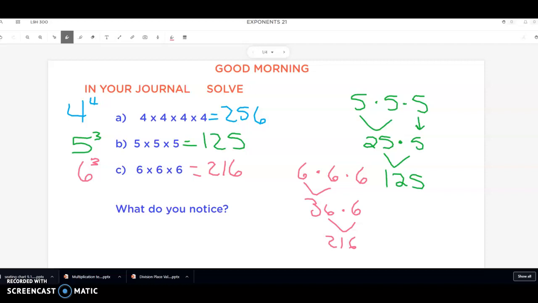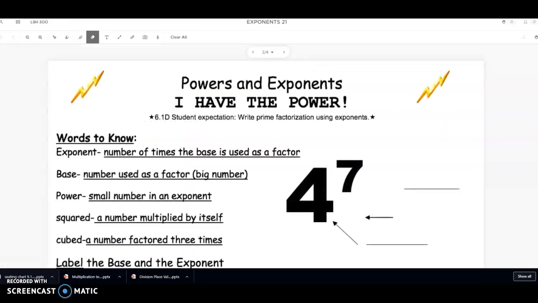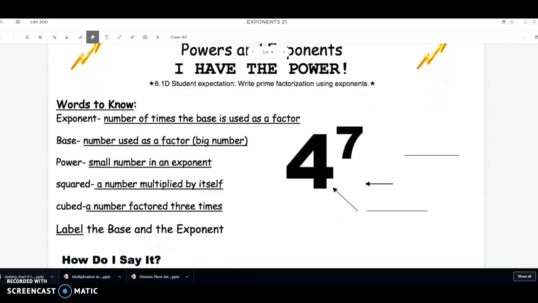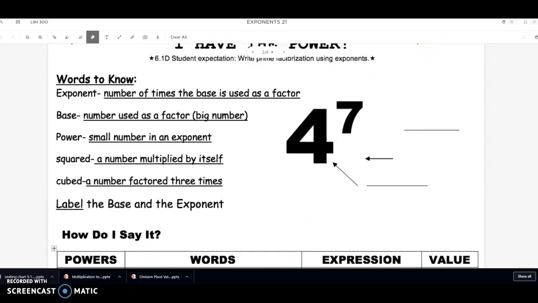All right, any questions on this? All right, good. So we're gonna erase this and move on to our worksheet. All right, powers and exponents. Okay, everybody ready to go? Okay, so one thing I noticed is it starts off with a lot of vocabulary.